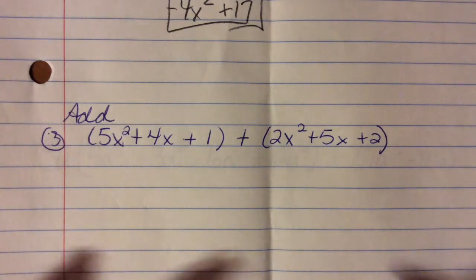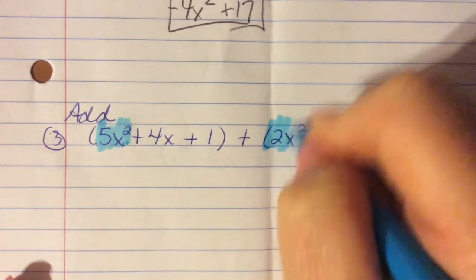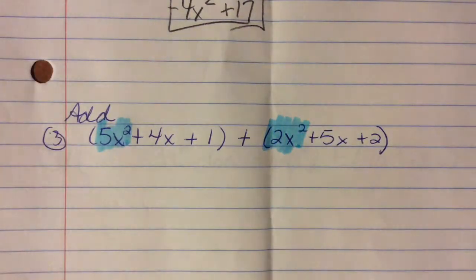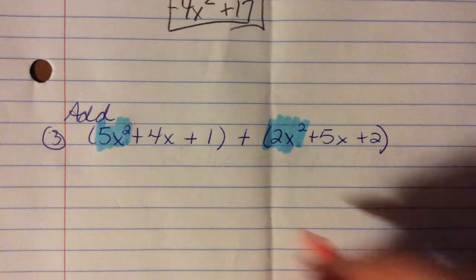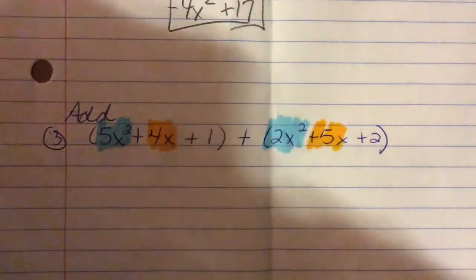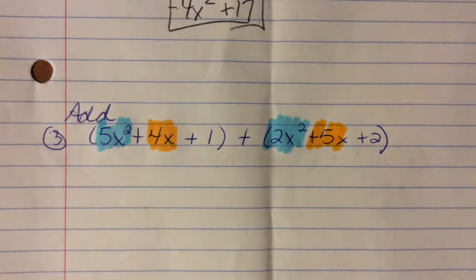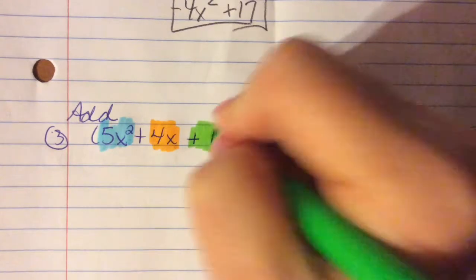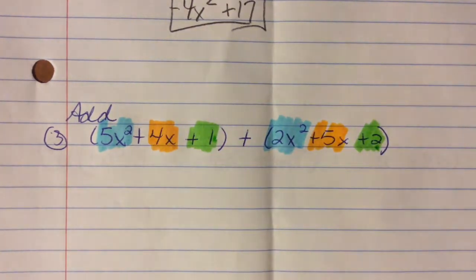So once again, I'm going to highlight them. So first I have my 5x squared, my 2x squared. Then I see I have a 4x and a plus 5x. And then the last thing I see is that I have a constant at the end of a 1 and a 2.